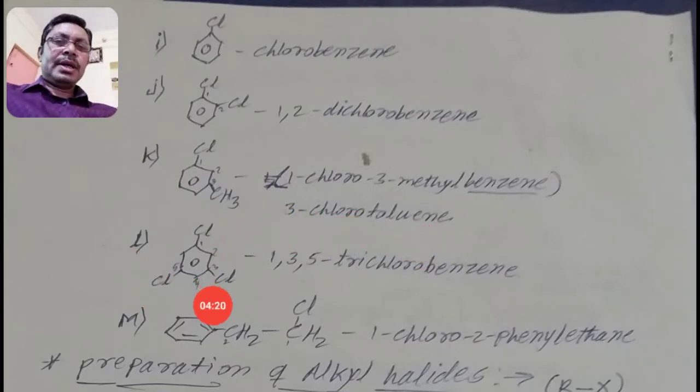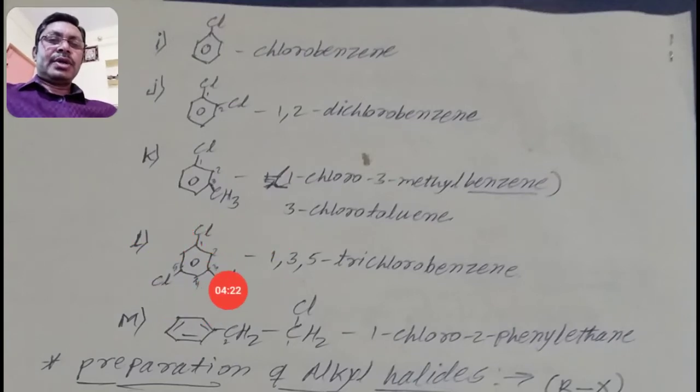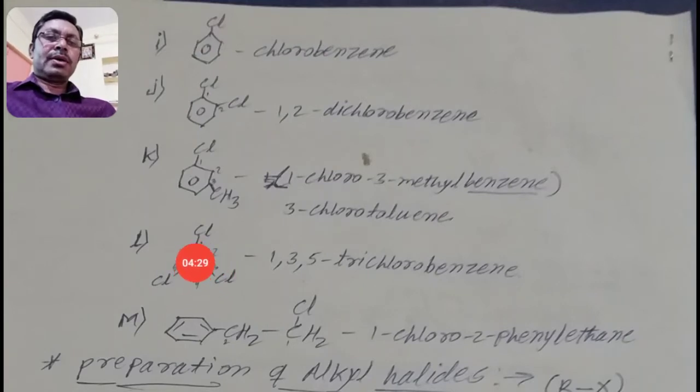The next example contains 3 halogen atoms at different positions or at the same positions. Give the numbering from one chlorine or one halogen atom, that is 1, 2, 3, 4 and 5. The chlorine atoms are attached to positions 1, 3 and 5, so you must write 1 comma 3 comma 5.